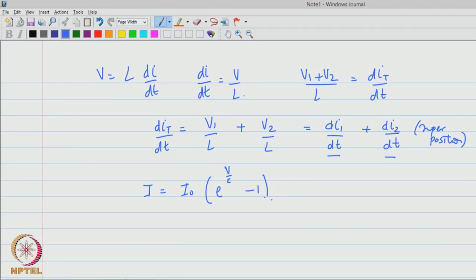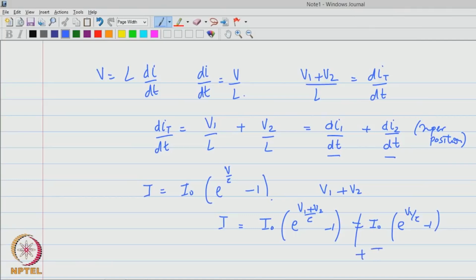And you see, if I take V as a combination of two sources, V1 plus V2, I could never write I as an individual combination. The total I would be I0 e power (V1 plus V2) over tau minus 1, and this is not equal to I0 e power V1 by tau minus 1 plus I0 e power V2 over tau minus 1.